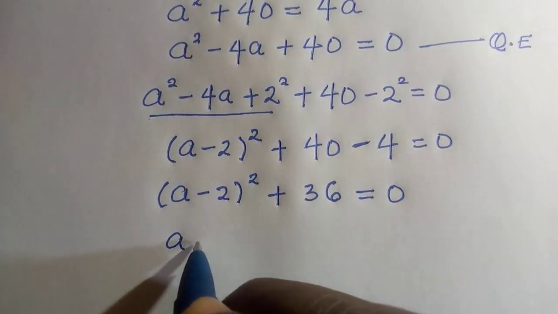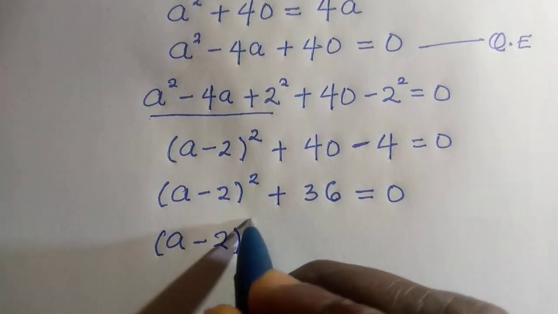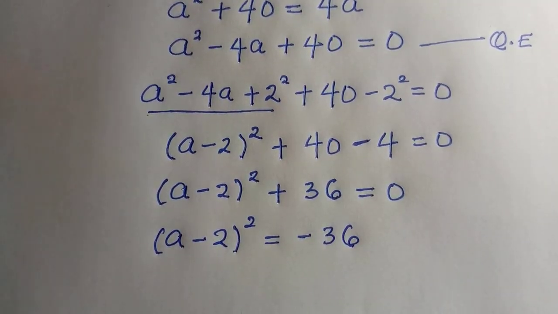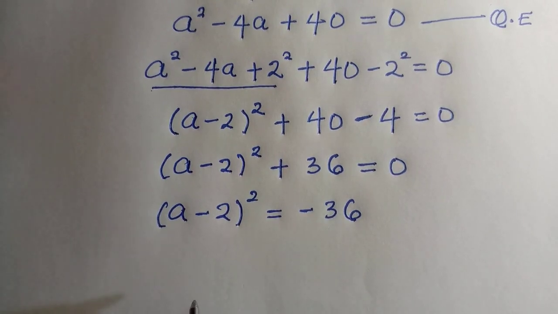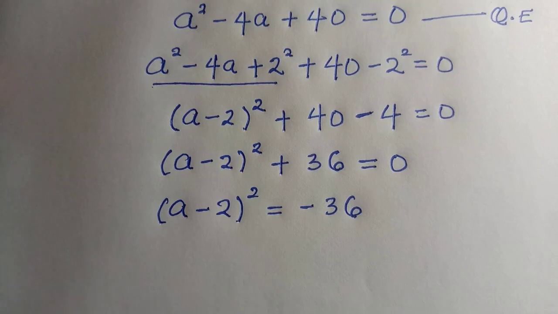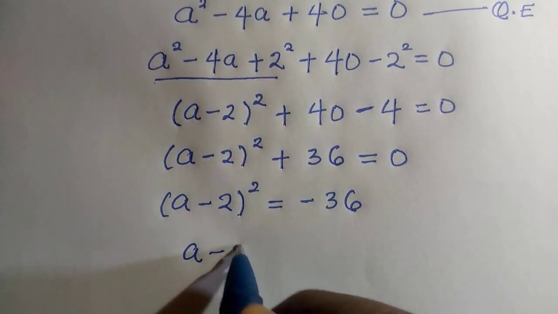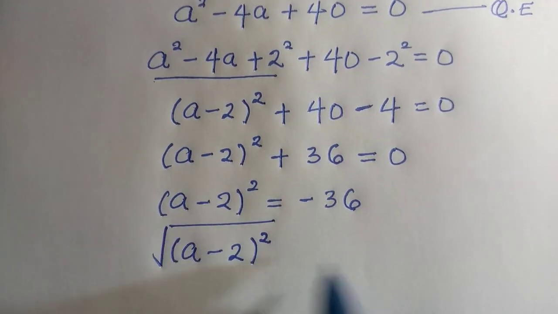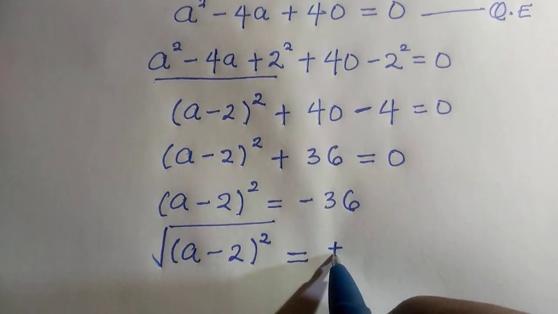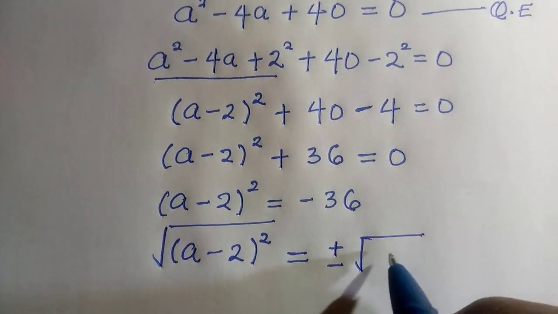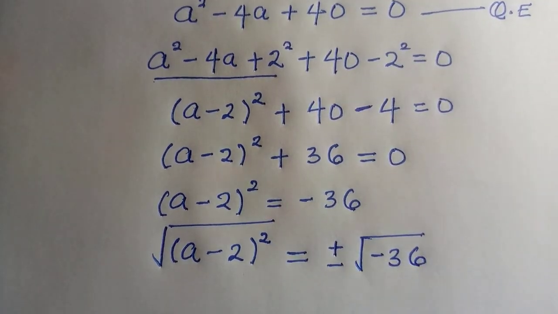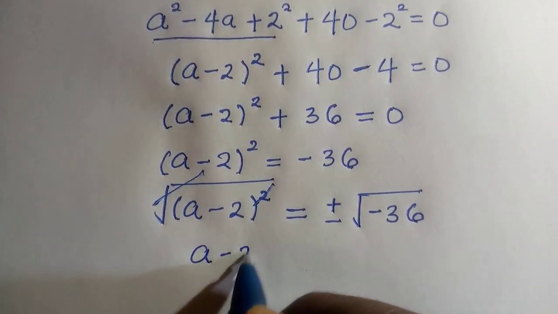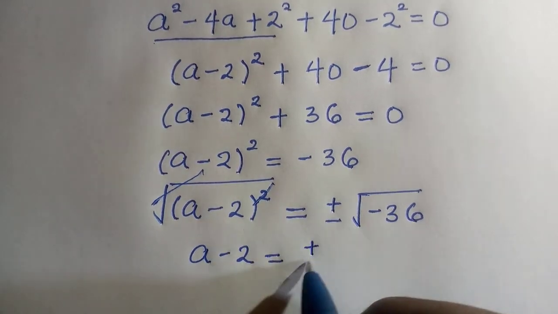Next we have (a minus 2) squared equals minus 36. After this, we take the square root of both sides, which cancels the square. So a minus 2 equals plus or minus the square root of minus 36.